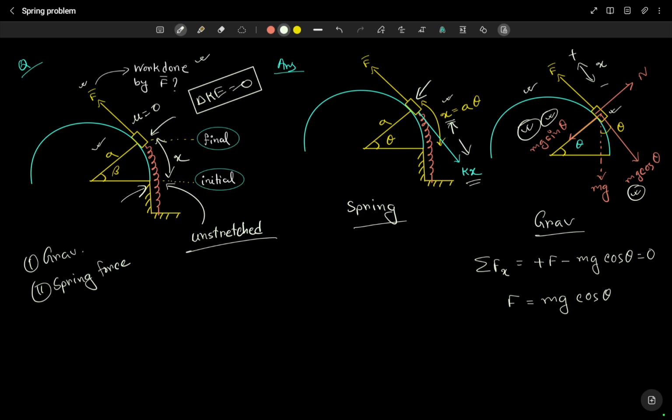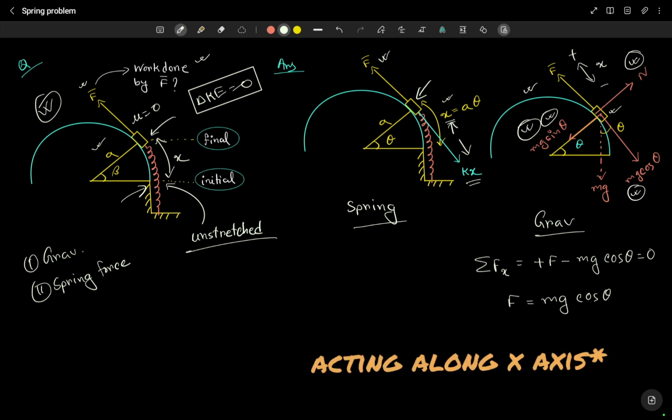So far we have only considered the gravitational force and the spring force, but individually, not at once. In this situation, the scenario is different. There is both spring force and gravitational force acting on the body, as well as the force F and this normal force N. We don't need to consider the perpendicular forces like N or mg sin theta, but we have to consider the forces acting in this x direction.